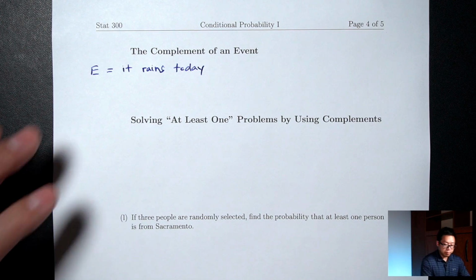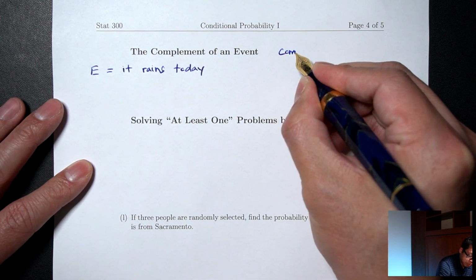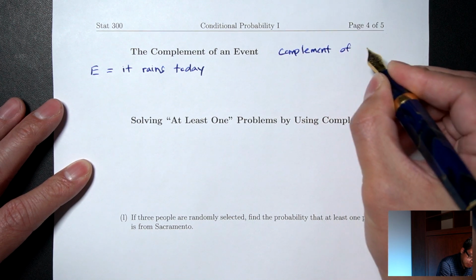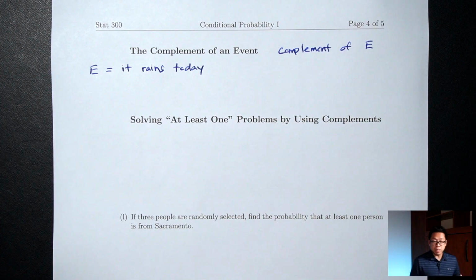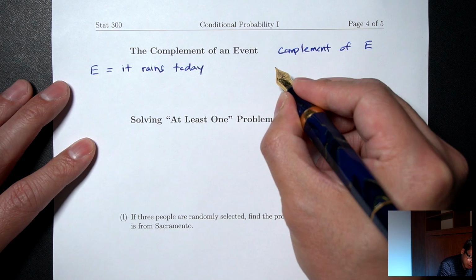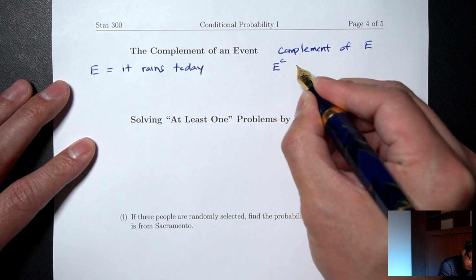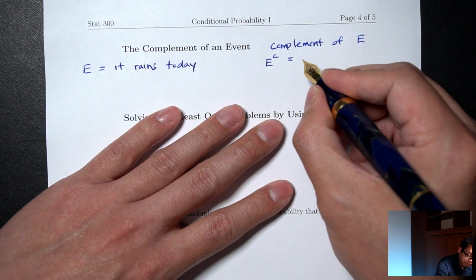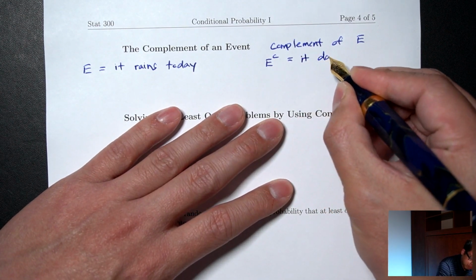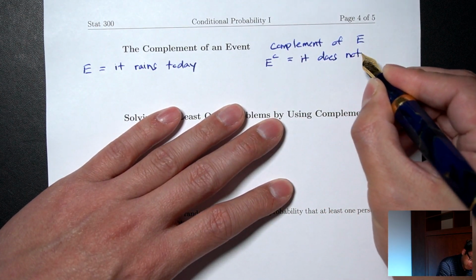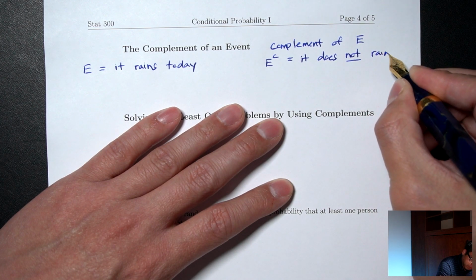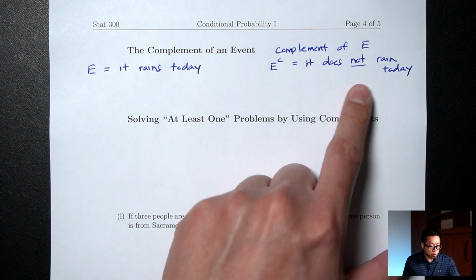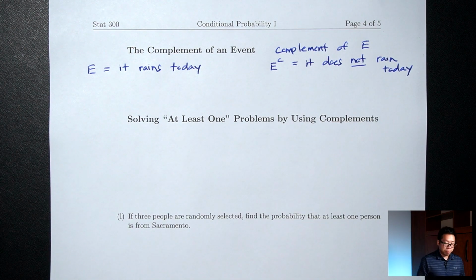The symbol for complement is E with a little c. The complement of E is it does not rain today. So just stick on the word not, and that's the complement.